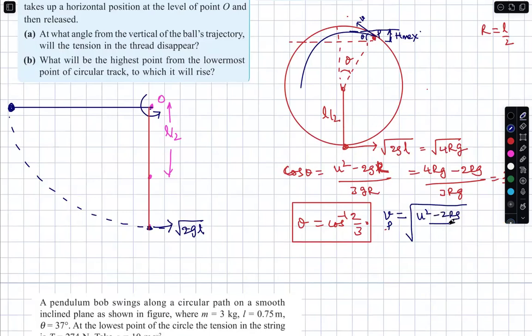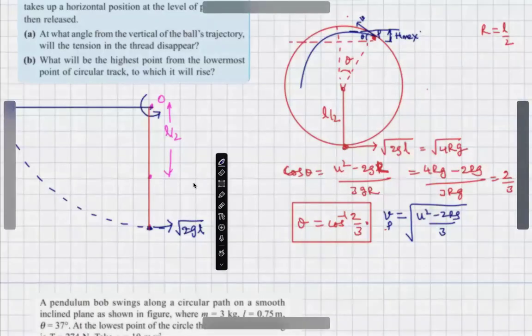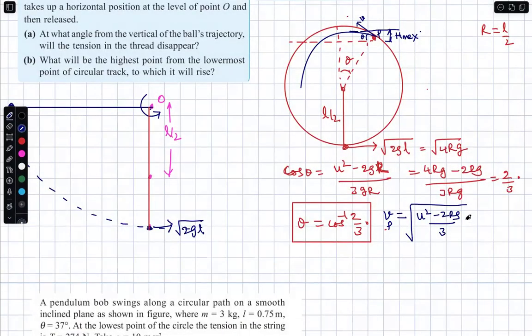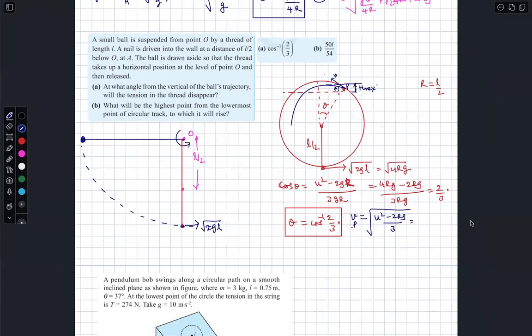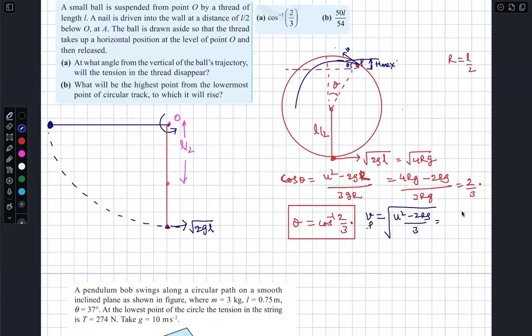U square means 4rg minus 2rg, so this is nothing but root of 2 by 3 rg.